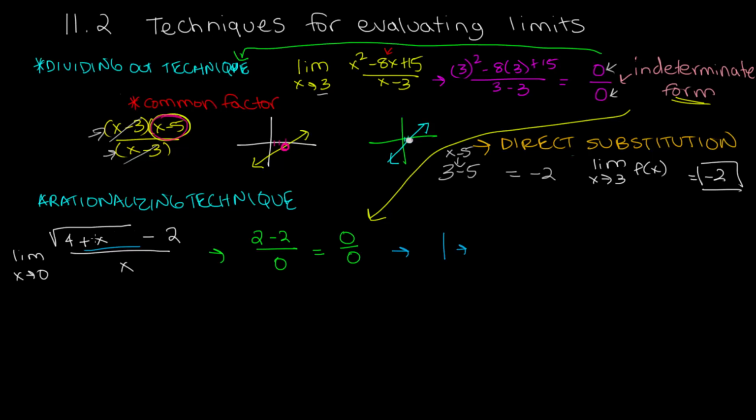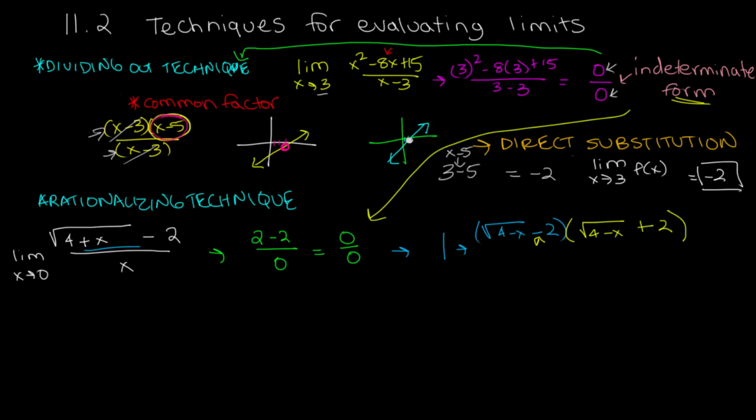We have two terms over here. We have the root of 4 minus x, and we have negative 2. When we're multiplying by the conjugate, it's going to be the same two terms, except with the opposite sign. So it's going to be the root of 4 minus x plus 2.